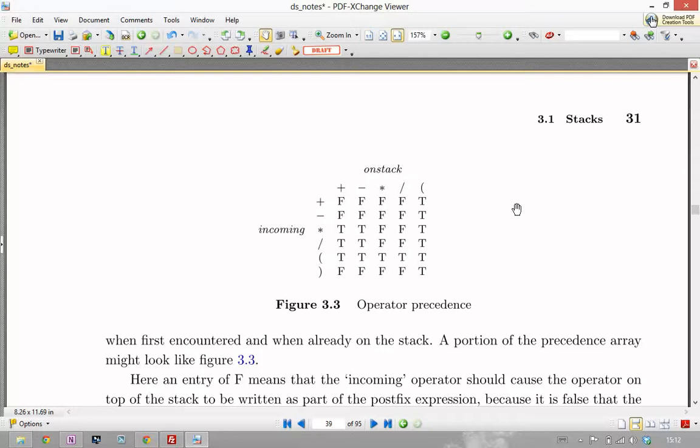Okay. And there is an argument, right? If you push this fake operator onto the stack, then the algorithm just takes care of itself. So it's maybe a sleeker, more efficient algorithm.